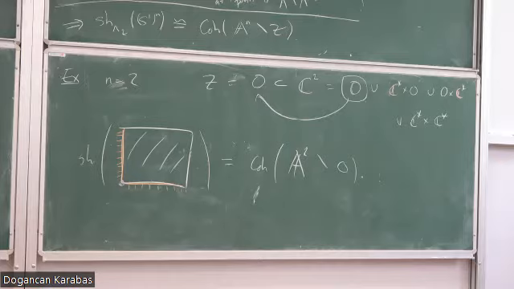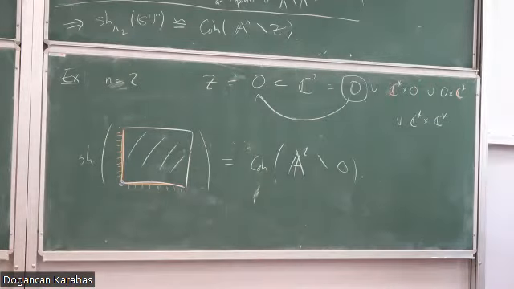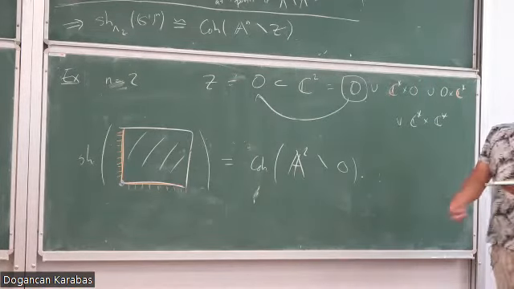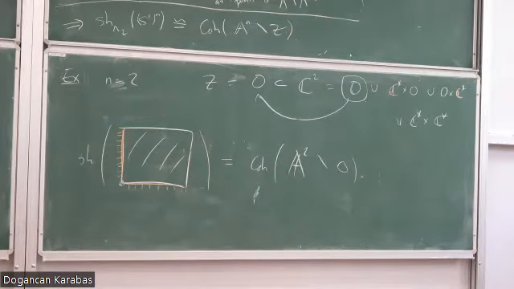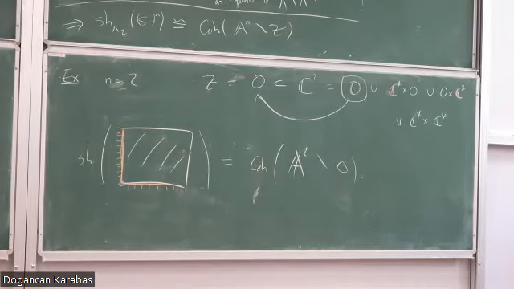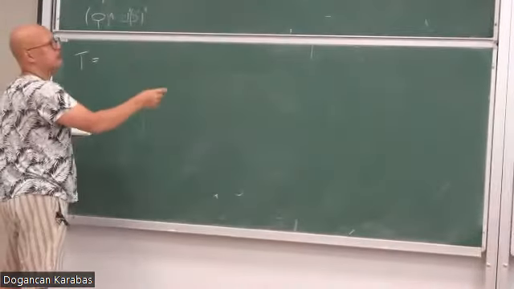Okay, so now, that was for deleting something. Now I should tell you about taking quotient. So again, my toric variety T, I unfortunately erased this.